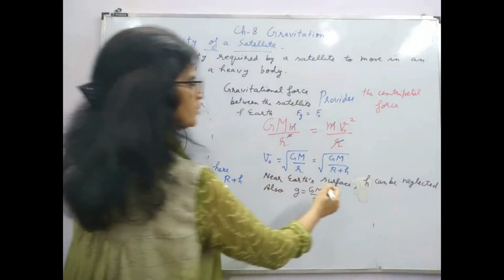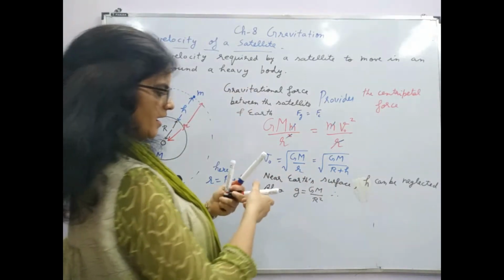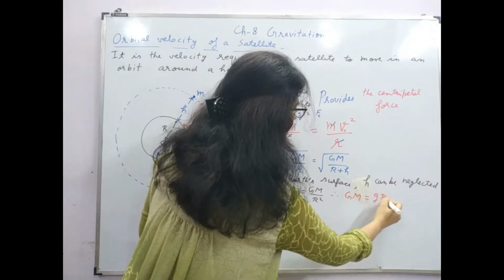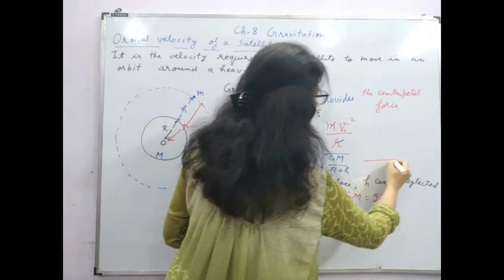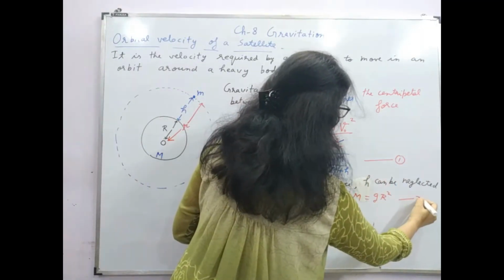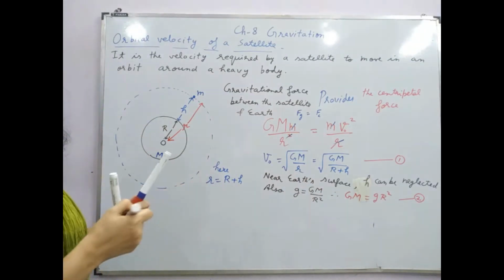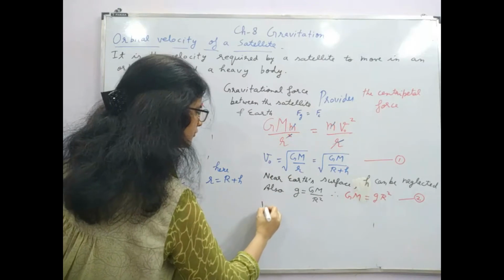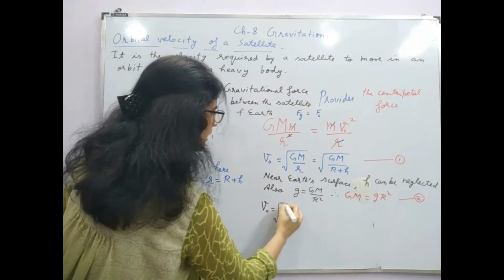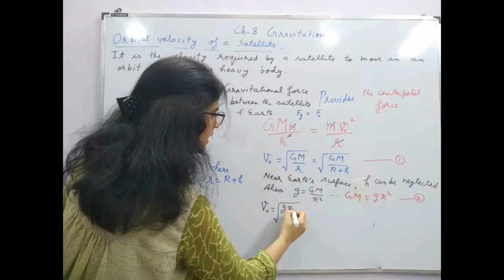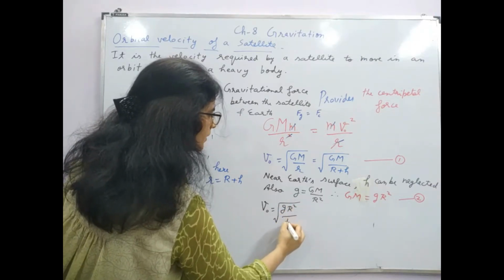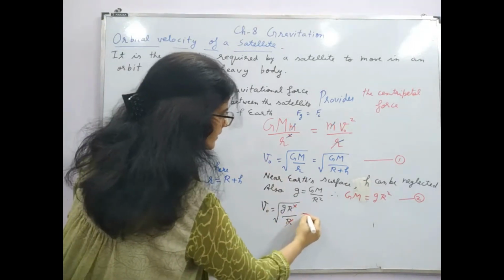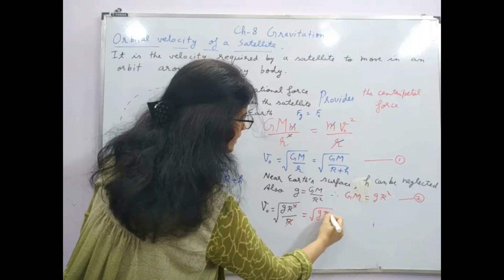So therefore GM can be written as g into R square. So if I take this as equation 1 and this as 2 and apply the condition that h can be neglected, we get v_o is equal to under root of gR square upon R. So from here this R will be cancelled and we get under root gR.